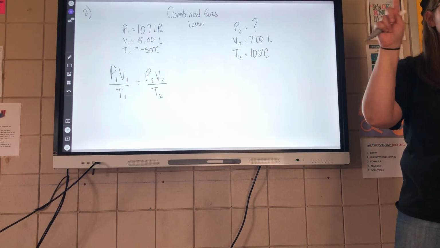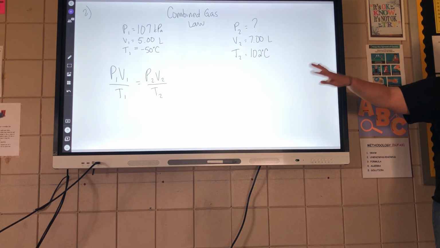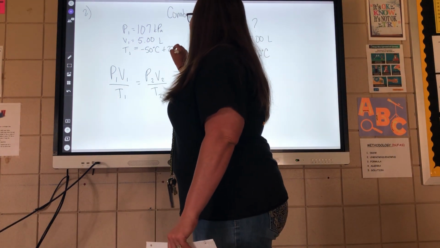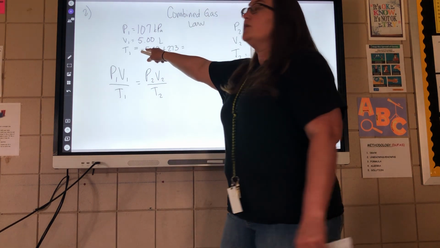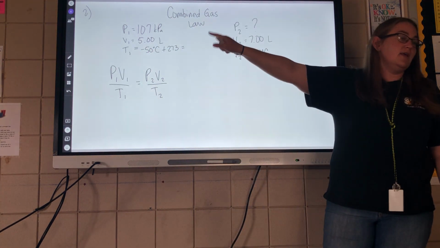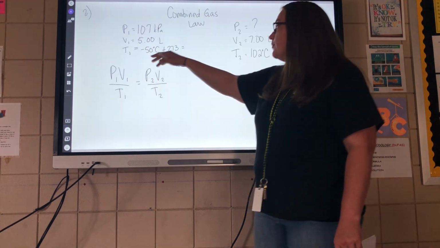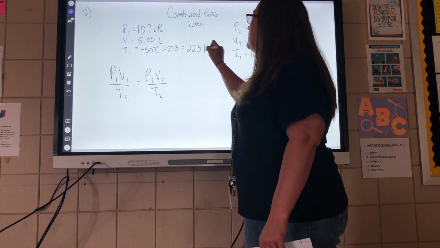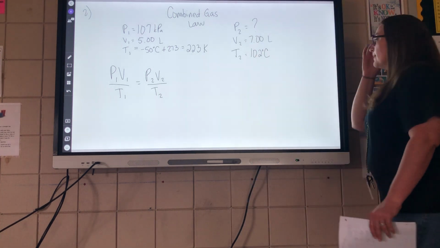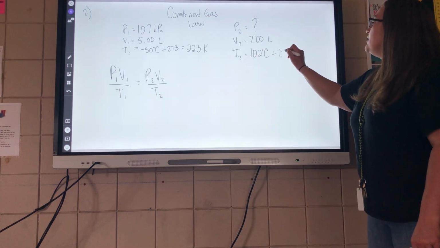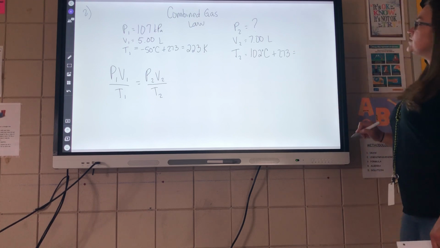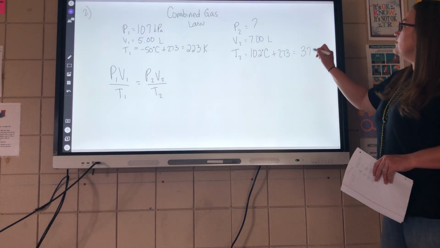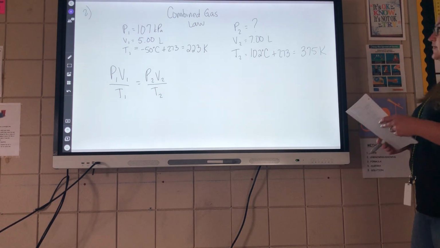But what's one thing I got to do before I can plug into that formula? I got to get Celsius to Kelvin. So I'm going to do plus 273. Don't let that negative catch you guys. If you get a negative Celsius, do not let it mess you up. So that's going to end up being 223 Kelvin. And if I add 273 here, that's going to end up being 375 Kelvin.